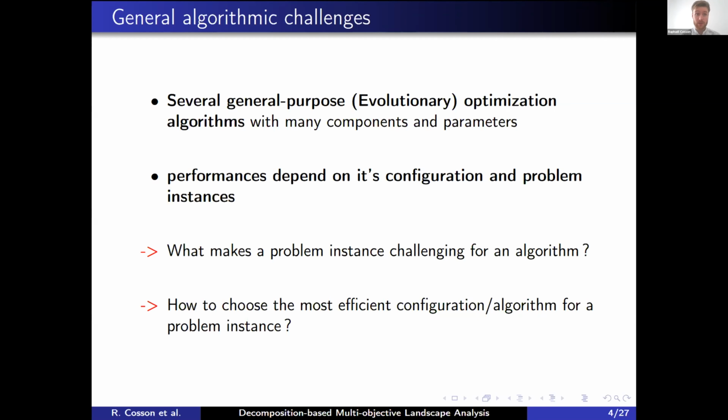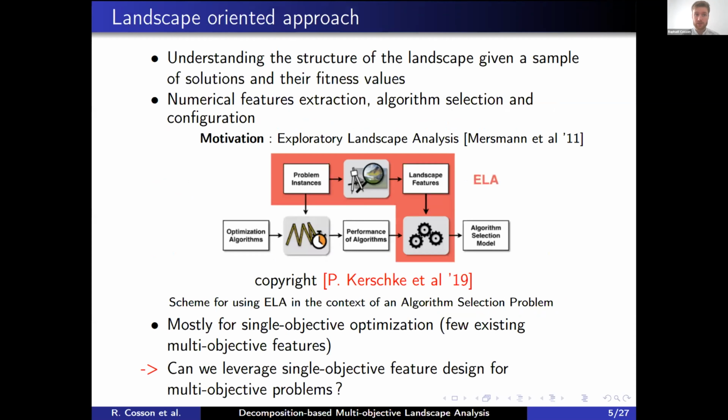In our work, to answer these questions, we are interested in a landscape-oriented approach. Landscape analysis is a way to understand the structure of what we call the landscape of the optimization problem. We construct a space given a notion of distance between solutions, and by measuring the fitness, we are able to recreate a space.